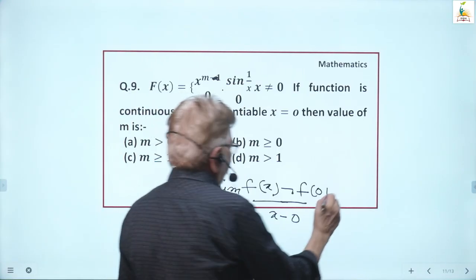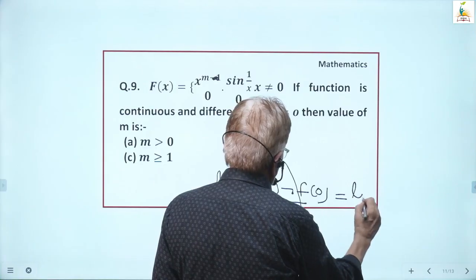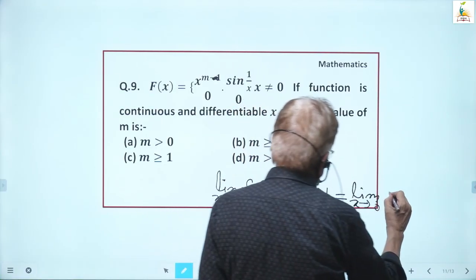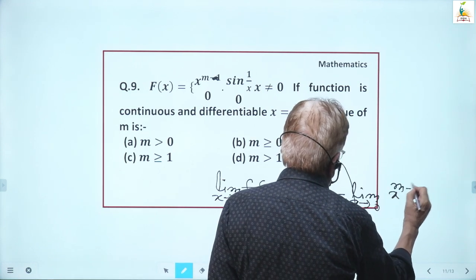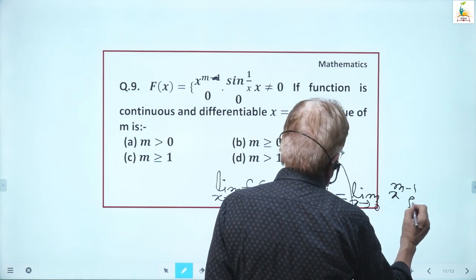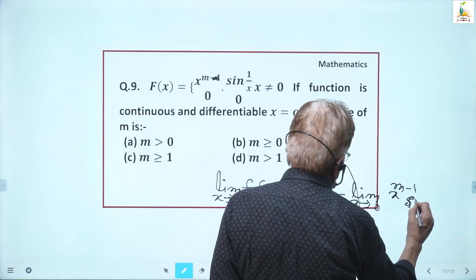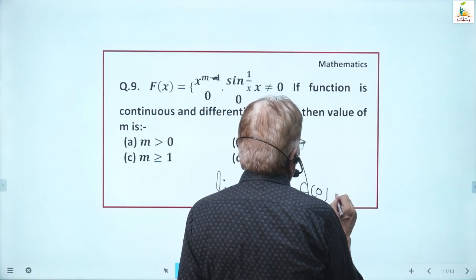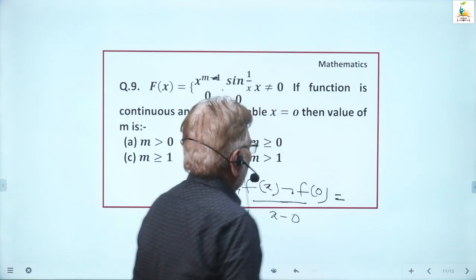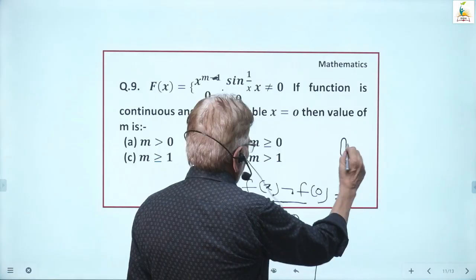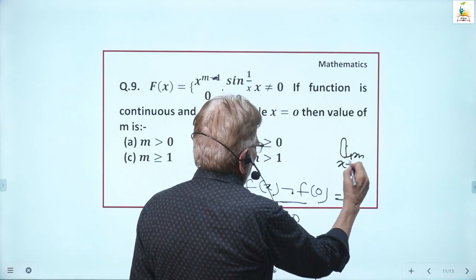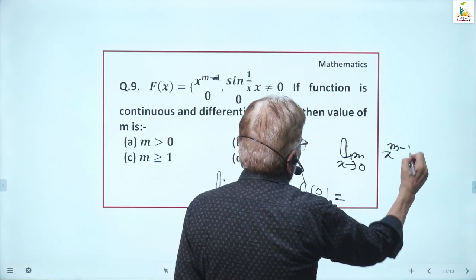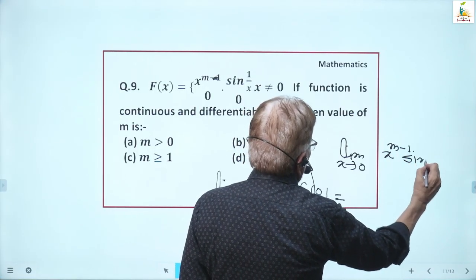So this is limit x tends to 0, x raised to m minus 1, sine of 1 upon x.